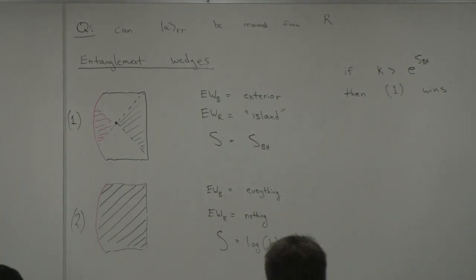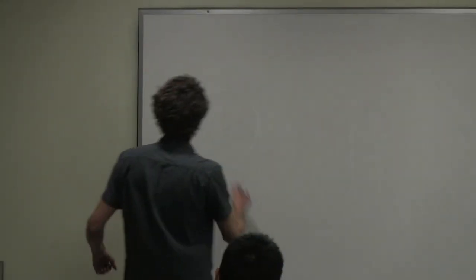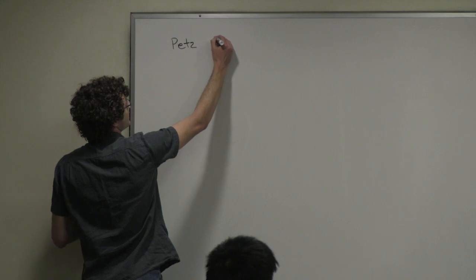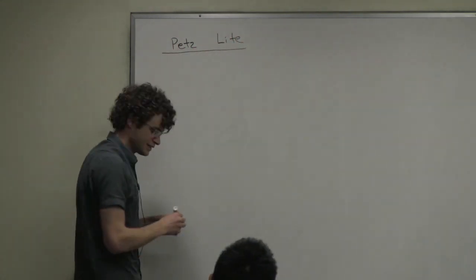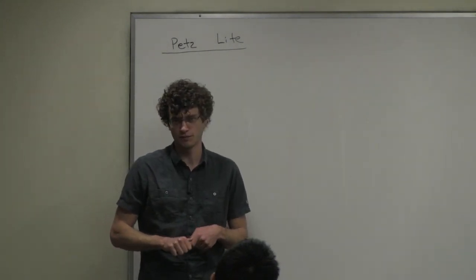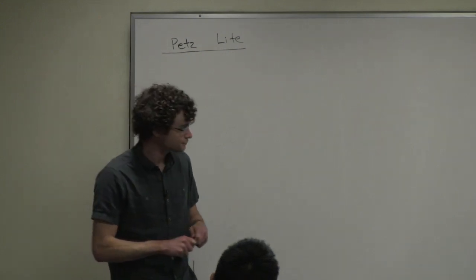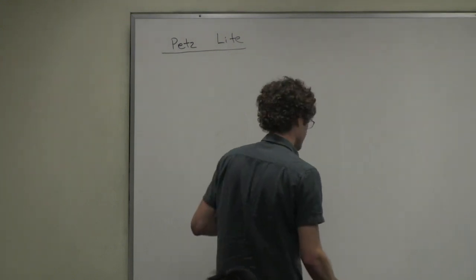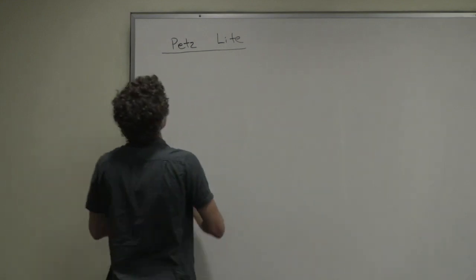And we want to show how that works using a gravitational argument. So we're going to start by discussing a version of this Petz map that Steve branded Petz Light. And it's a ridiculously naive version of the Petz map, but it illustrates an important point. Sorry, I actually forgot to say something before we can get to that.